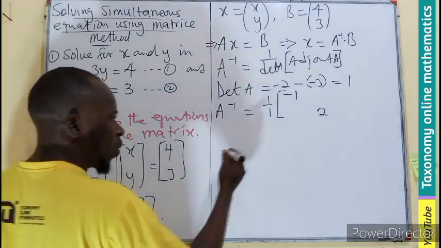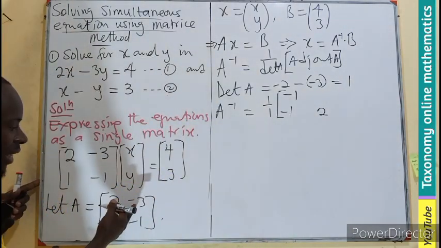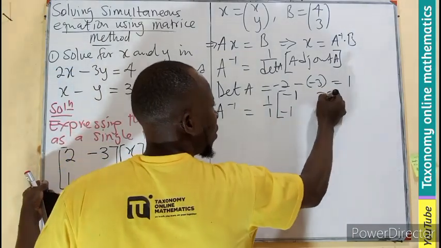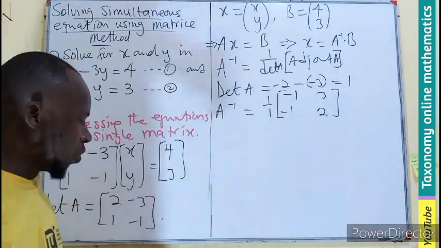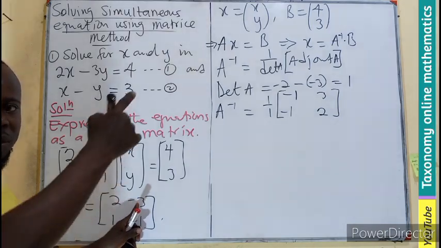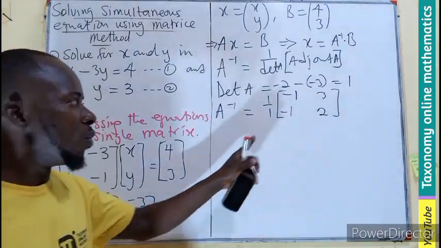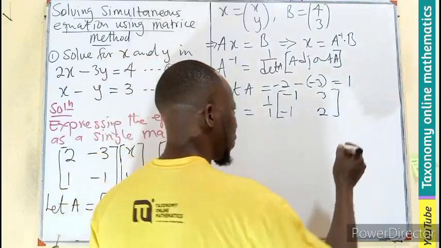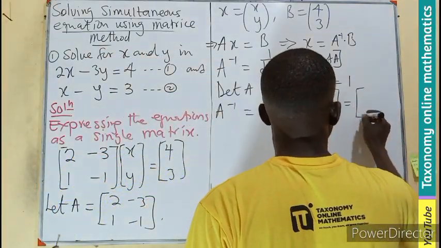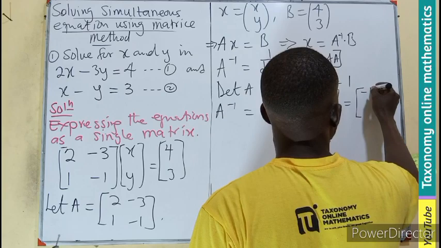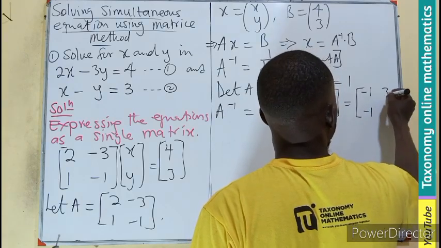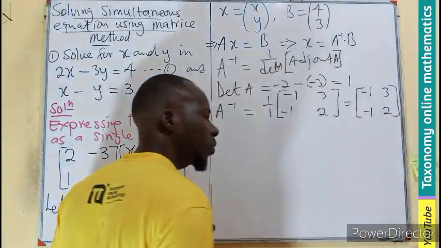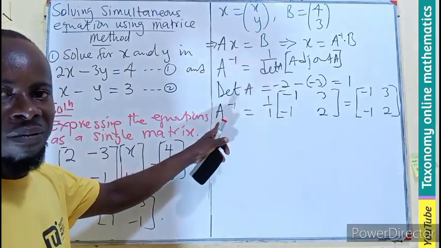Add negative to the first one, add negative to the second one, then we have that. So negative times this will give you positive. Negative times this will give you negative. And you can see the 1 will not have any effect. So the inverse is just minus 1, 3, 2. That is the value we are getting.